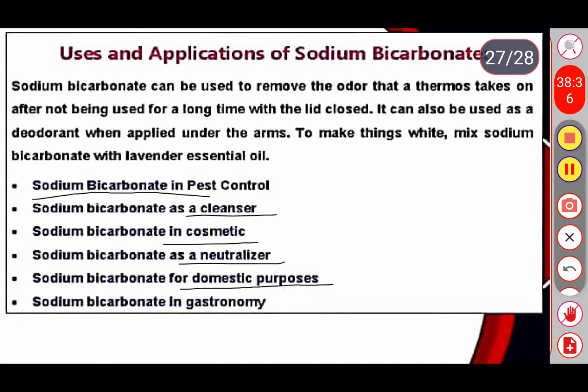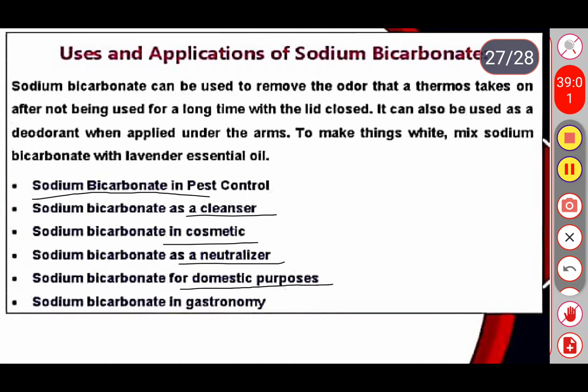potash alum. Potash alum is used to purify water. What we are using in aquaguards is potash alum. One type of cylindrical pipe is already fitted in the aquaguards, right? That type of structure we consider as potash alum.